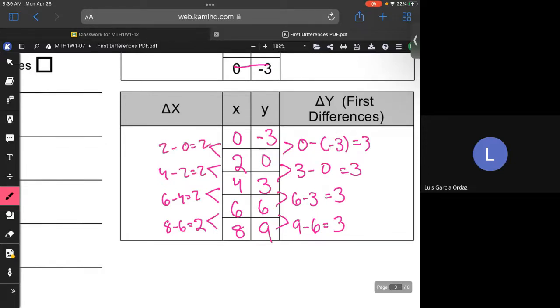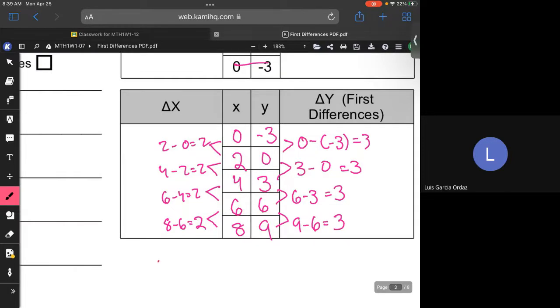Yeah. So now I can find my slope as m is equal to my change in y, which is the triangle, over the change in x. So what was my change in y? 3. And what was my change in x? 2. So my slope is 3 over 2.